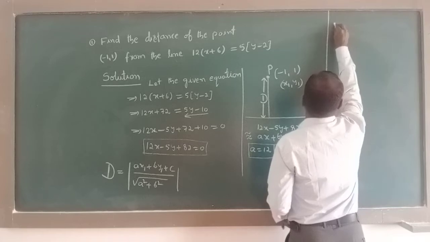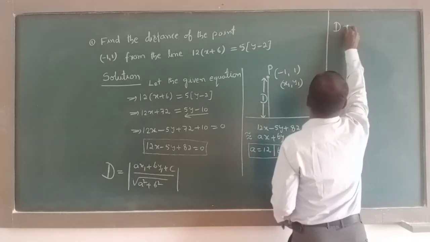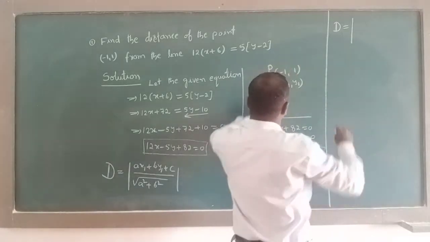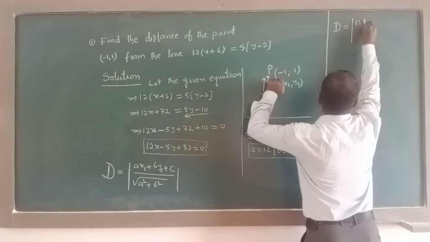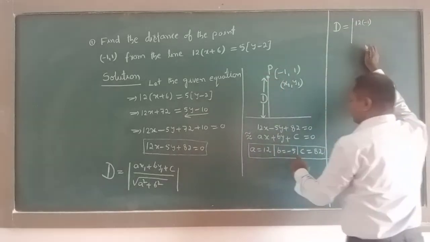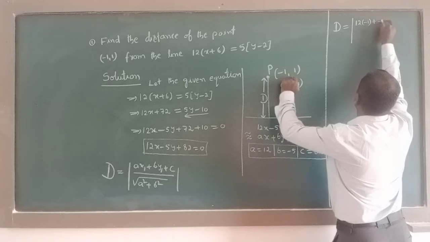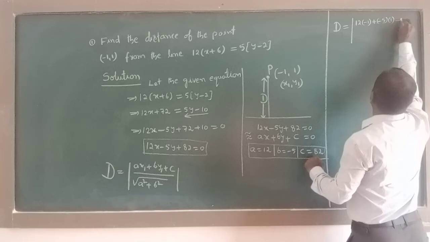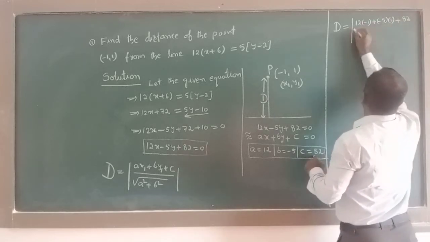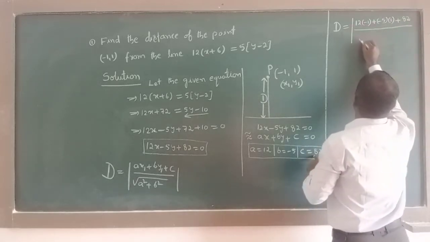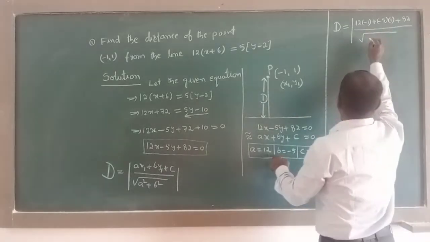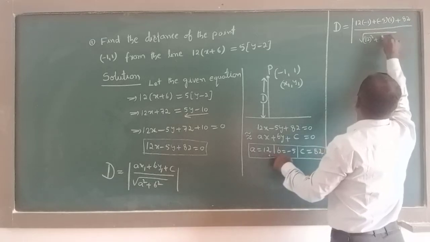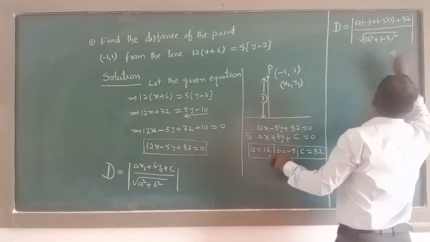D is equal to modulus of ax1, that is 12 into minus 1, plus by1, minus 5 into 1, plus c, that is 82, whole divided by square root of 12 square plus minus 5 whole square.